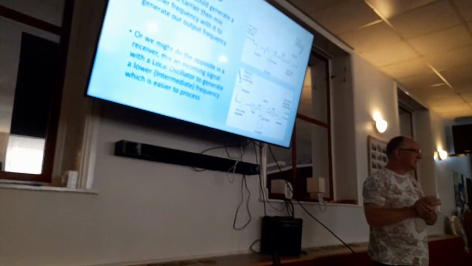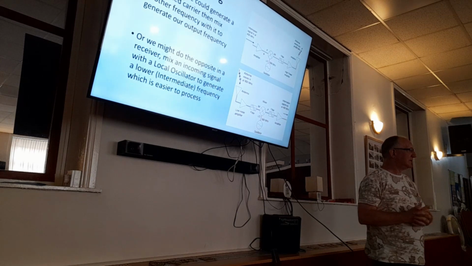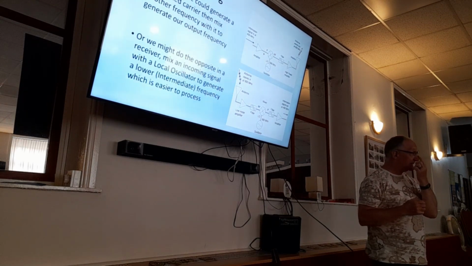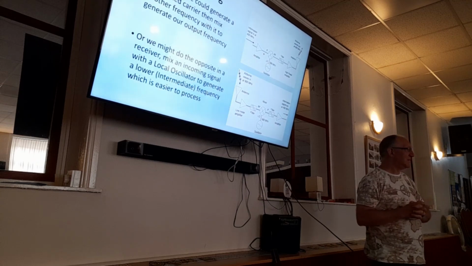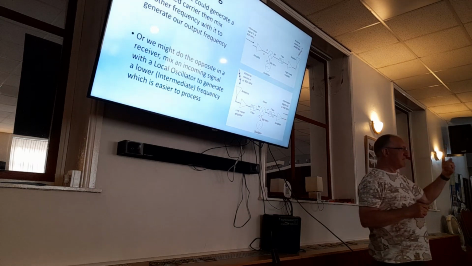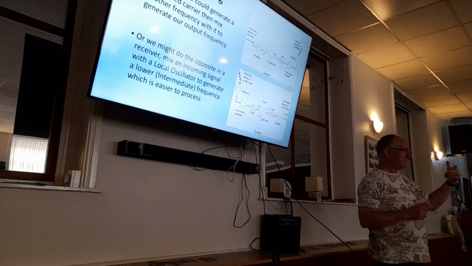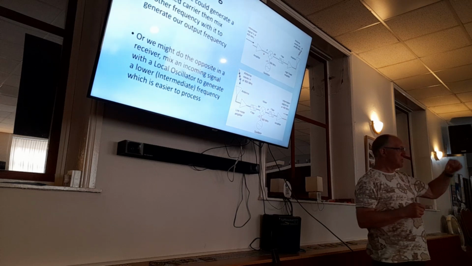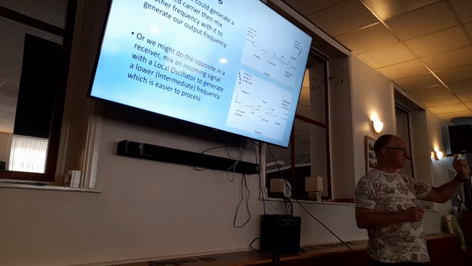Stuart? On an AM radio, you've got the audio coming in on the RF. How do you then get the audio to be superimposed onto the IF frequency and forward it on? You're talking about coming in from the aerial? Into the mixer stage, yeah. Yeah, well, it's modulated, isn't it? That's a modulated signal. Yes.